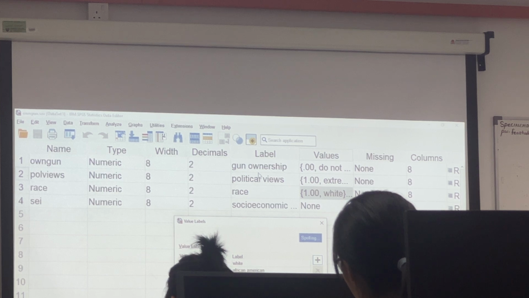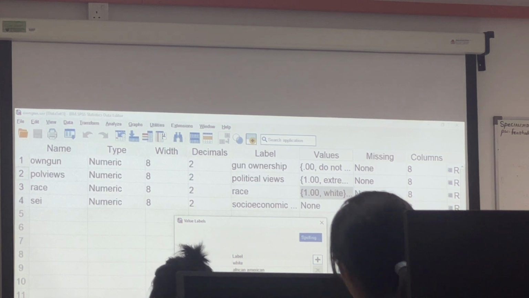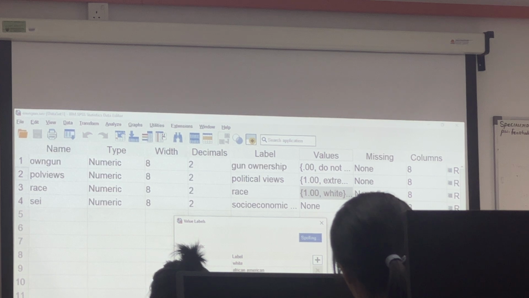In SPSS, let's say you collect survey data, and there are 3 different races: white, African American, and other. You want to include this in your model to see whether the different race influences the probability of owning a gun. But we cannot directly include that variable.